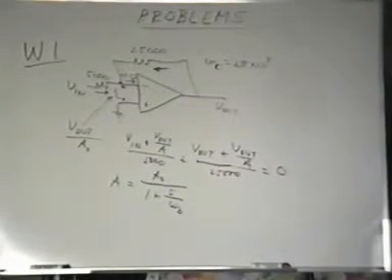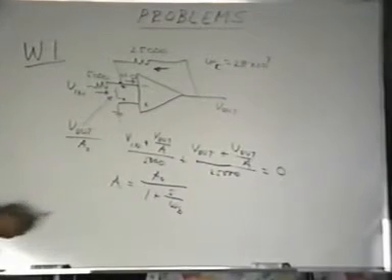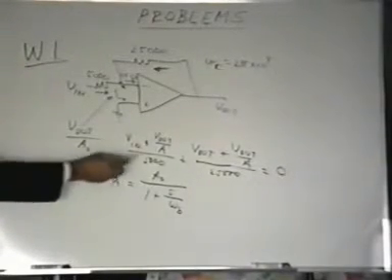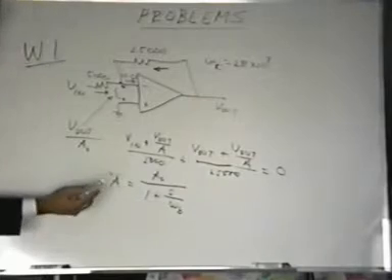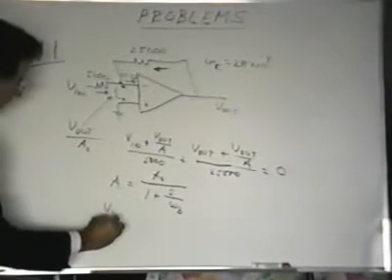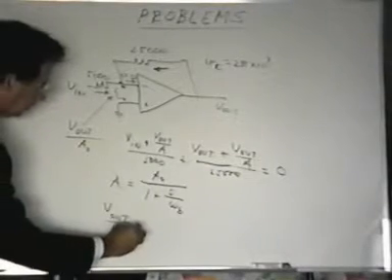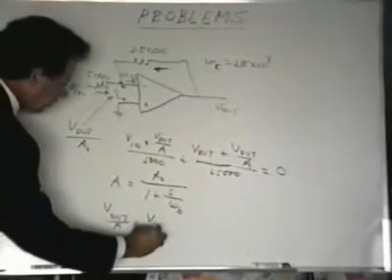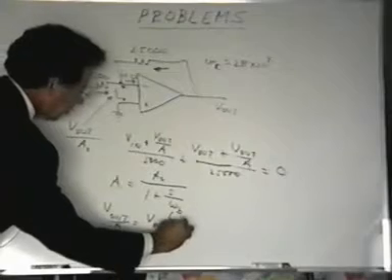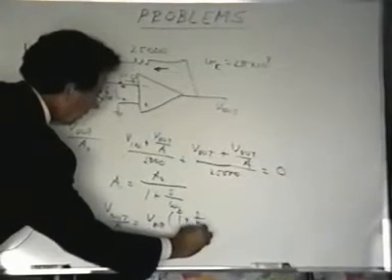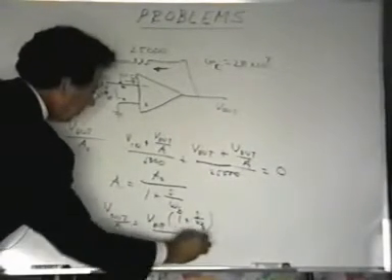Now if I were to put this expression for A into this upper expression, first let me do this. V out over A, which appears a couple different places up here, would be equal to V out times 1 plus S over omega sub B divided by A0.